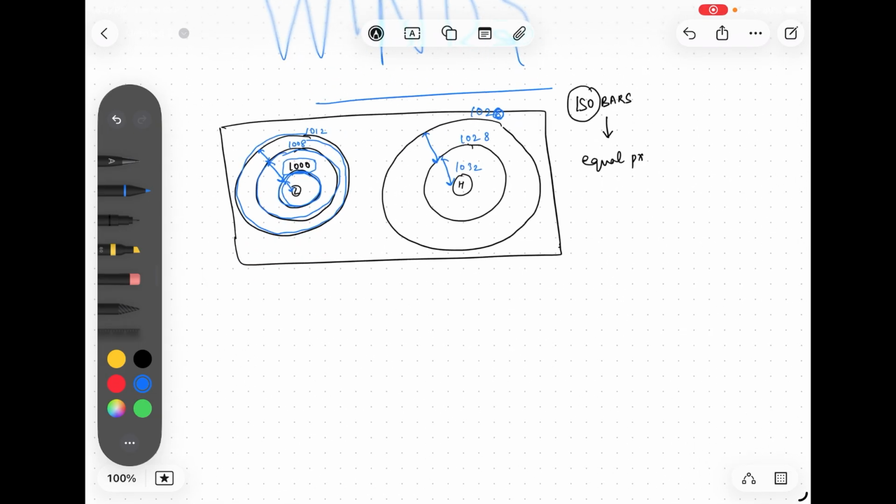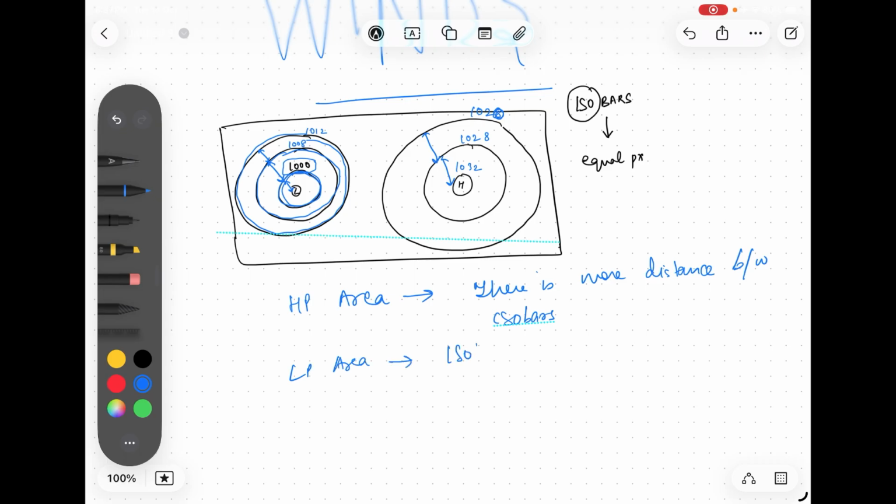So I'll just write it down here. High pressure area is basically where there is more distance between isobars. Okay, and what are isobars? Areas of equal pressure. In the low pressure area, on the other hand, isobars are closely packed.